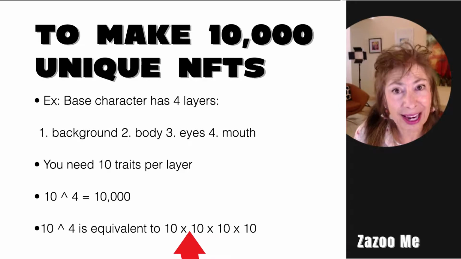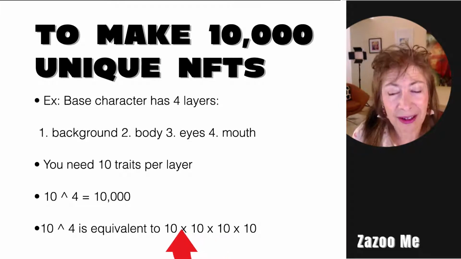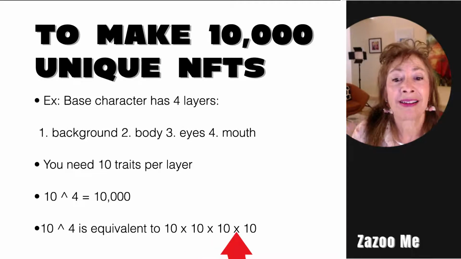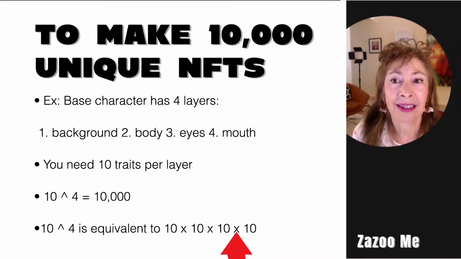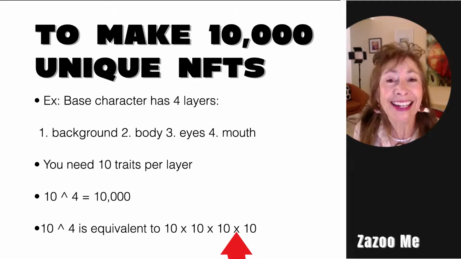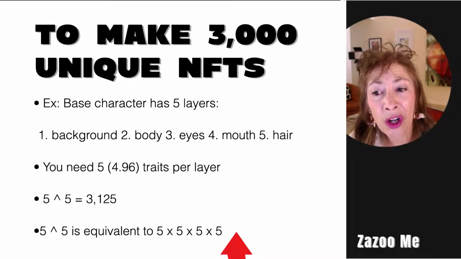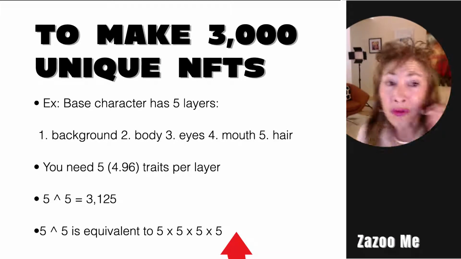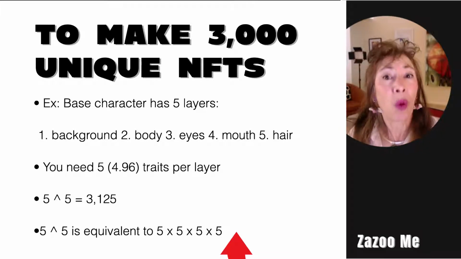So 10 times 10 times 10. So 10 times 10, 100. Times 10, 1,000. Times 10 is 10,000. And it really is that simple, but you need to know this because you don't want to have too few traits and maybe you want a lot of layers.